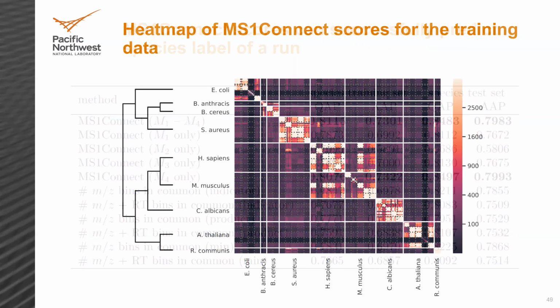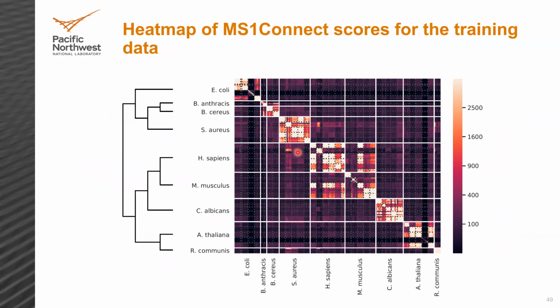This is a heat map of the MS1Connect scores for the training data set. We have here the gray lines delineate between projects, the solid white lines delineate between species. We have a phylogeny, and the colors are MS1Connect scores. We see a strong diagonal component showing that runs from the same experiment are highly similar to each other. And we also see that runs from the same species also tend to be very similar to each other.